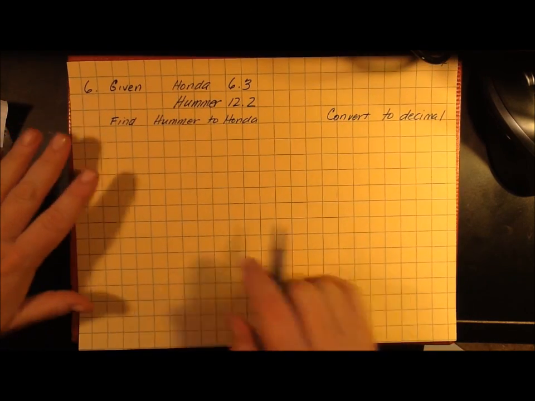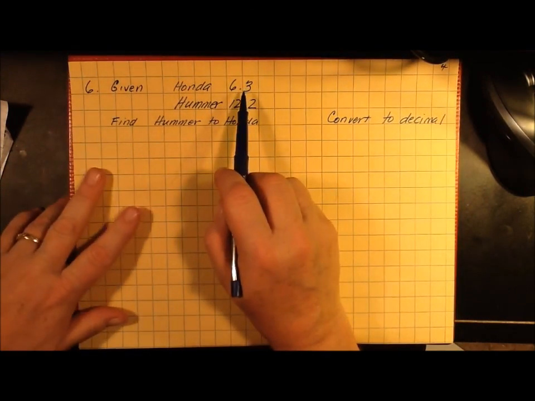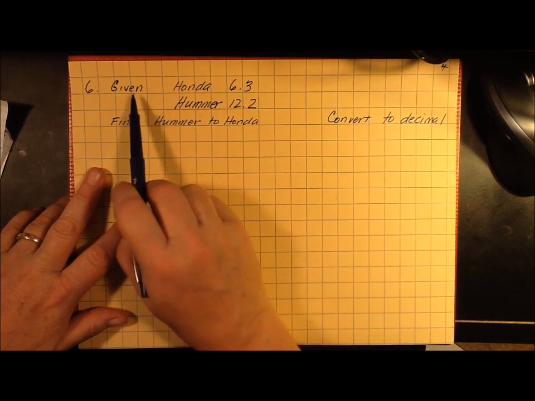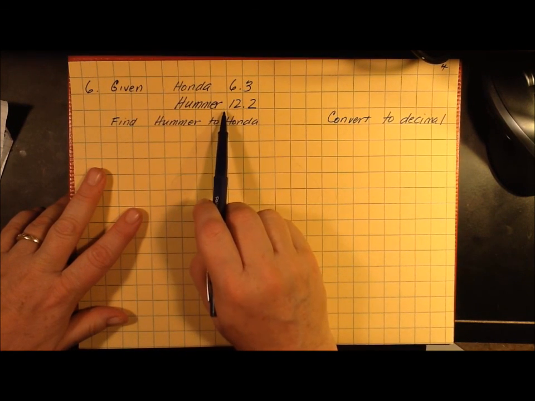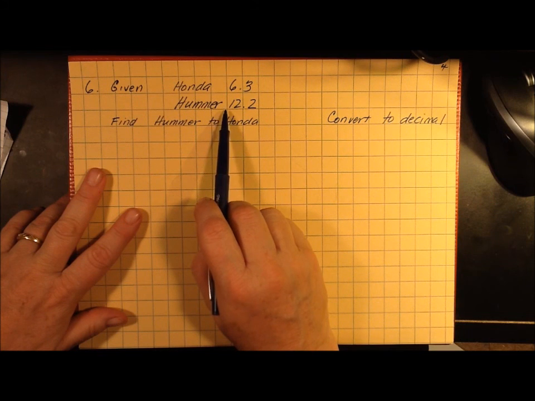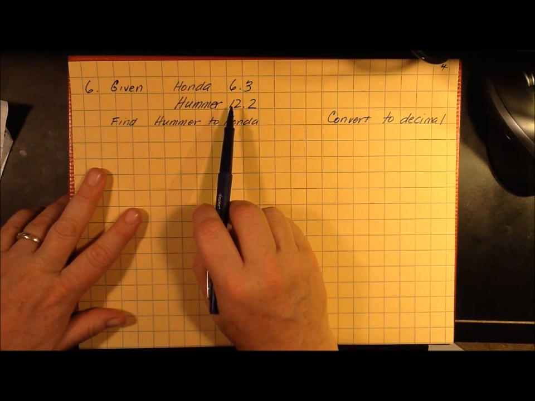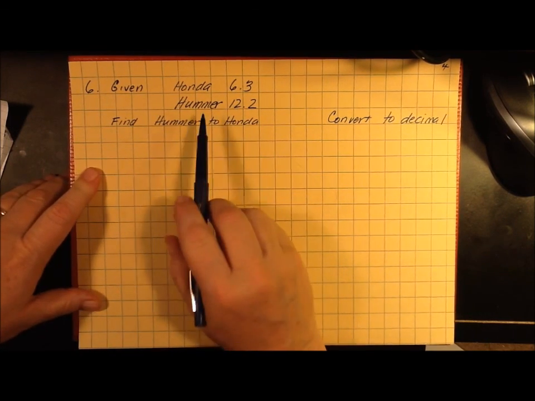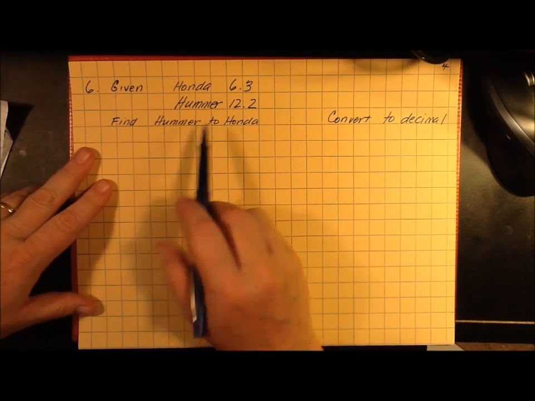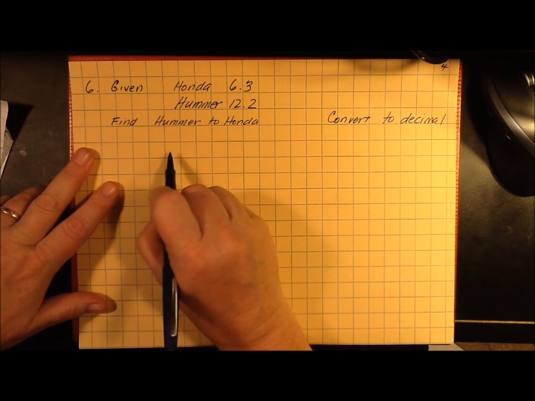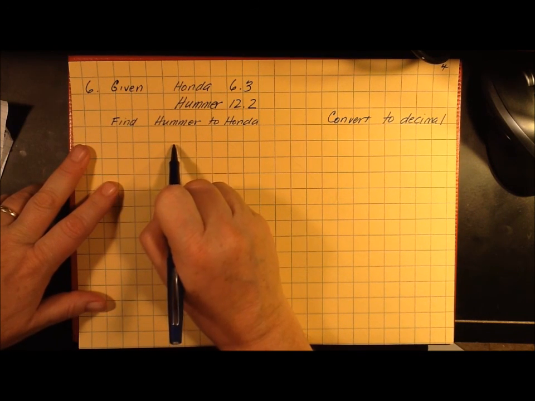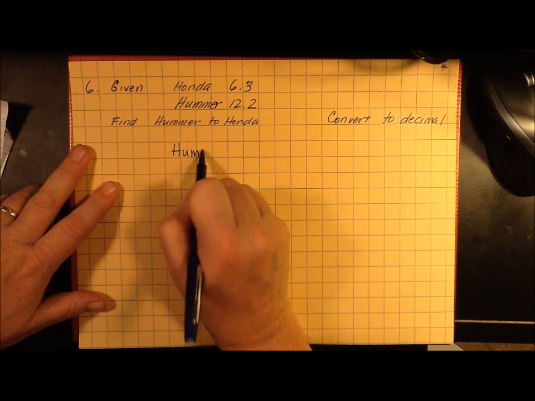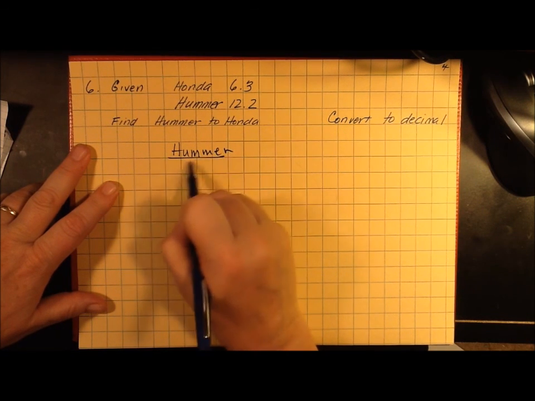Sorry. So they gave us a carbon footprint for a Honda and a carbon footprint for a Hummer in terms of, well, I'm not going to go into carbon footprints because I'm here for math, not science. That will come later. So they want to find the carbon footprint in terms of the Hummer to the Honda.